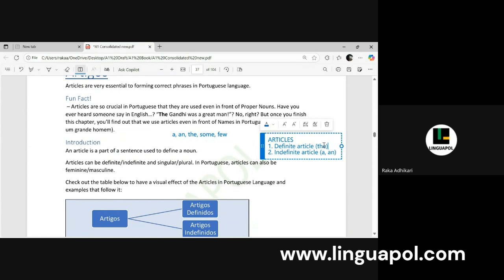But what is the difference between these two? Where do we use the definite article and where do we use the indefinite article? Let me share a new screen and let us make this concept clear. So, definite articles, as the name suggests, it is definite.